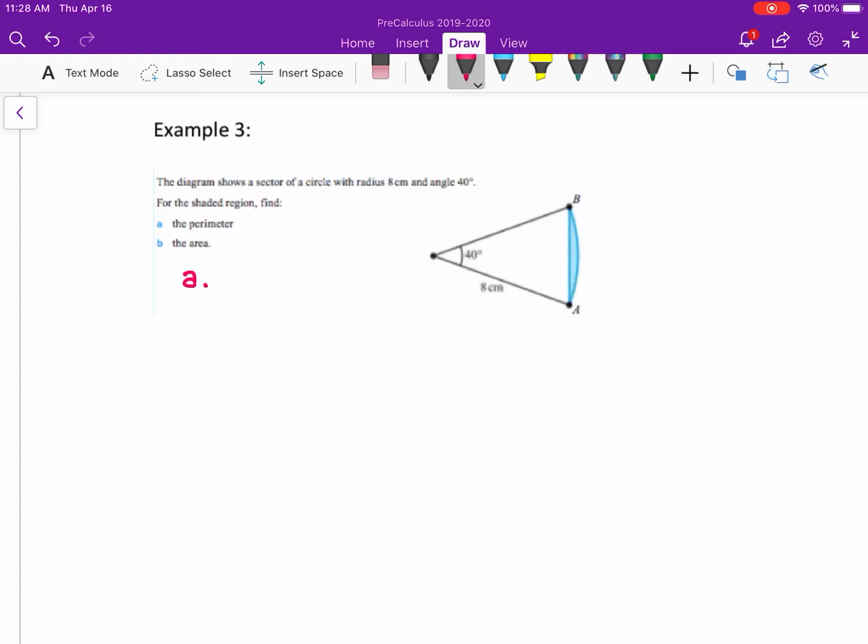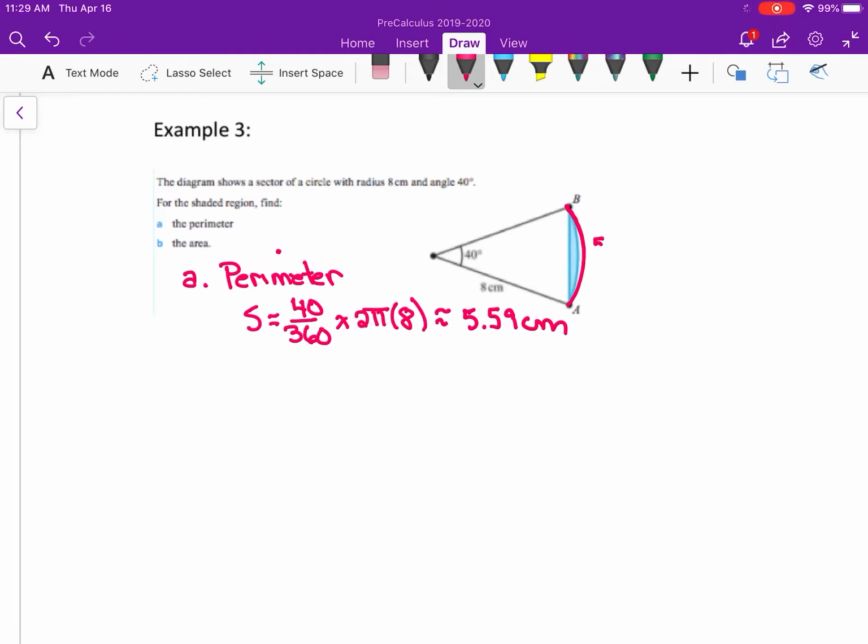All right, so we're going to start with part A, which is to find the perimeter of the shaded region. So the first thing we need to know is what is the length of this arc out here. So we have 40 over 360 times 2 pi times 8. And we get that length of the sector, which is about 5.59 centimeters. So we have that, 5.59 centimeters.